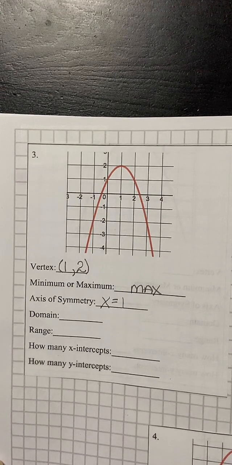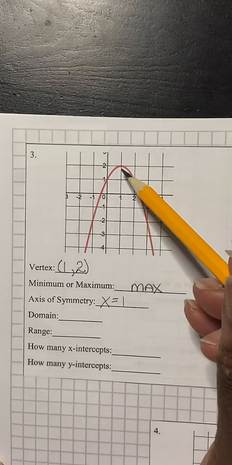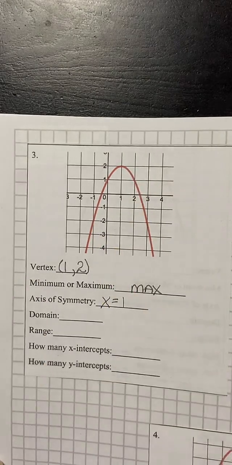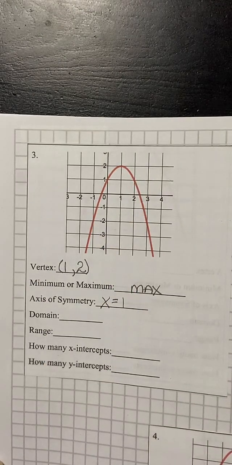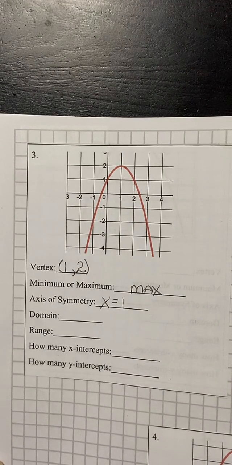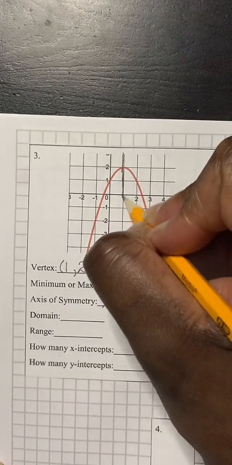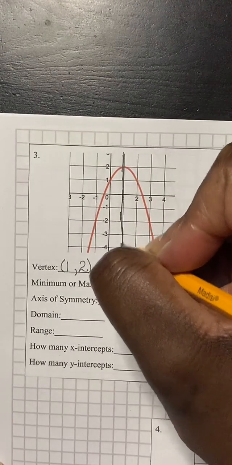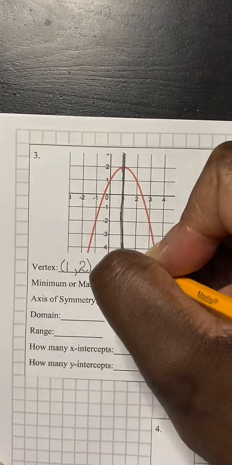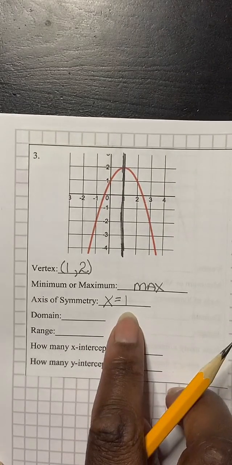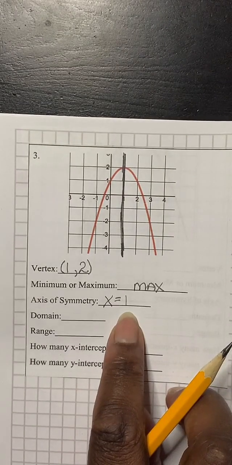Okay, your max. Your axis of symmetry is not 2. Your axis of symmetry goes through your x-axis, not your y-axis. So the AOS is actually going to be at 1. Okay?